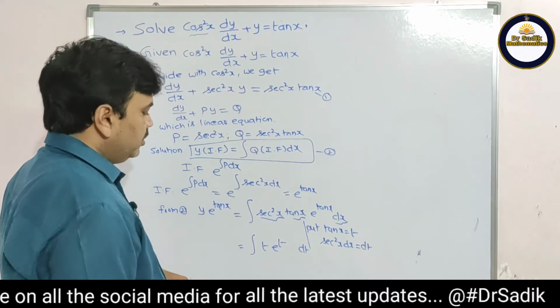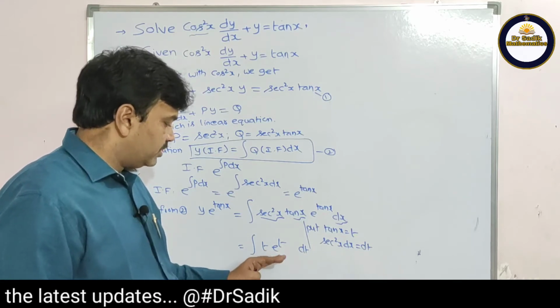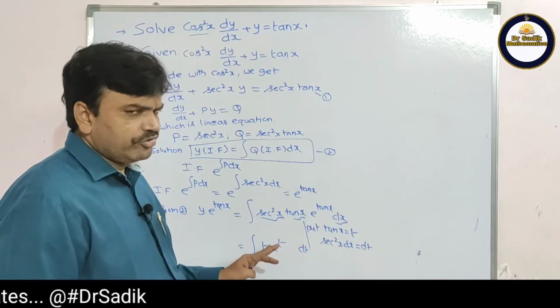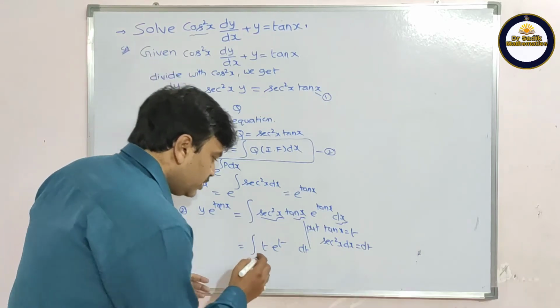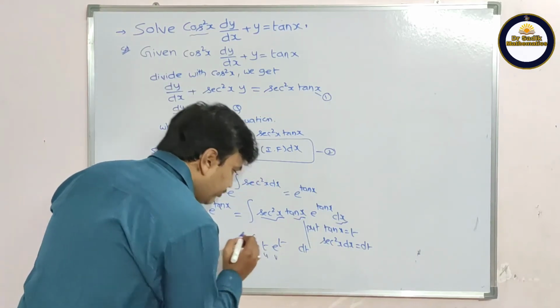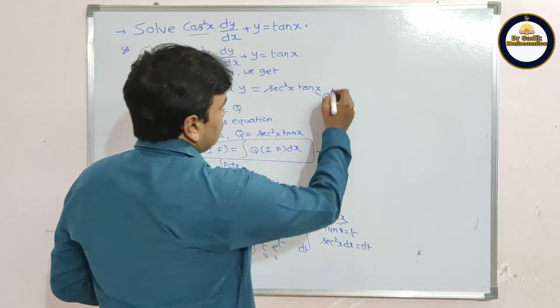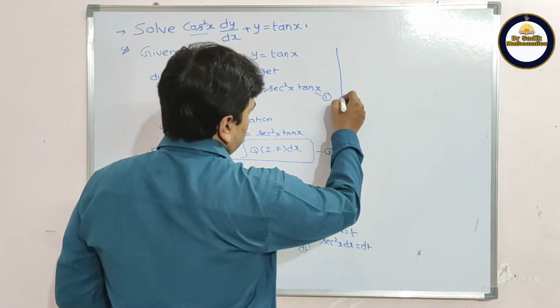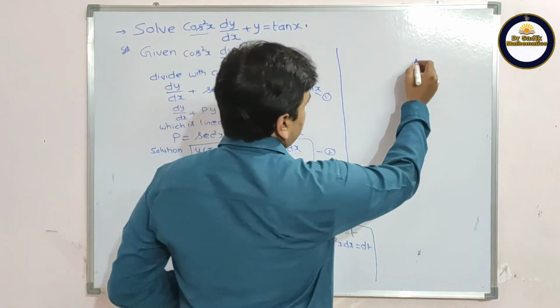Okay, friends. Now I want to evaluate this integration, friends. Simply we can remember it, friends, but I want to tell the procedure. Say this is u v, friends. Apply integration by parts. What is the integration by parts formula, friends?